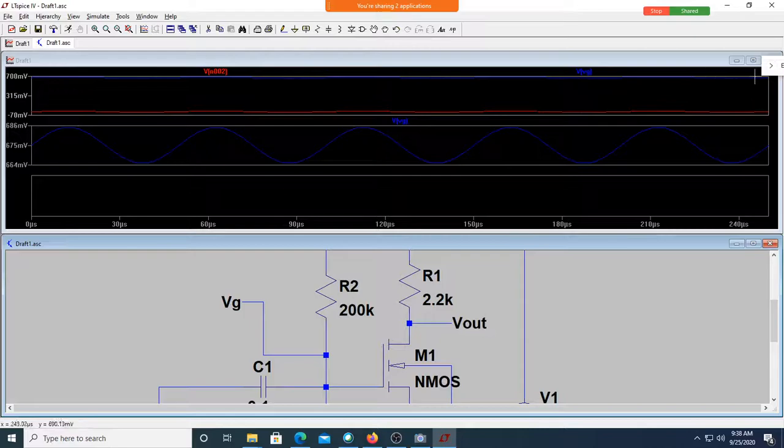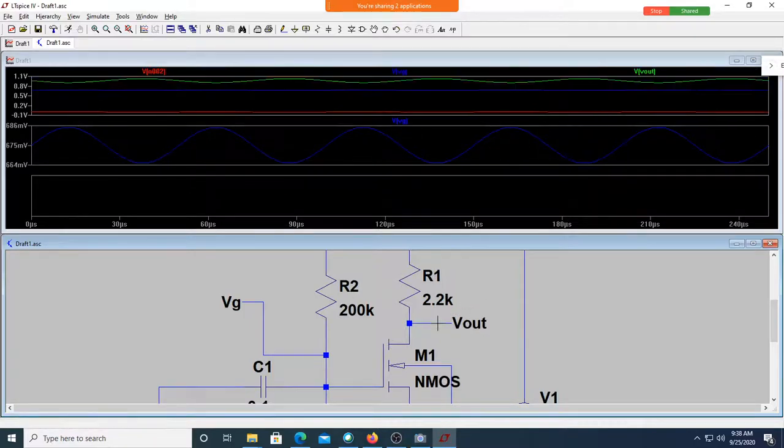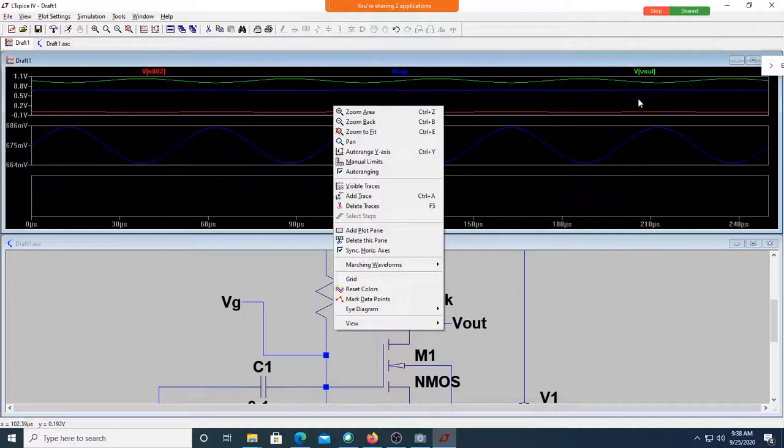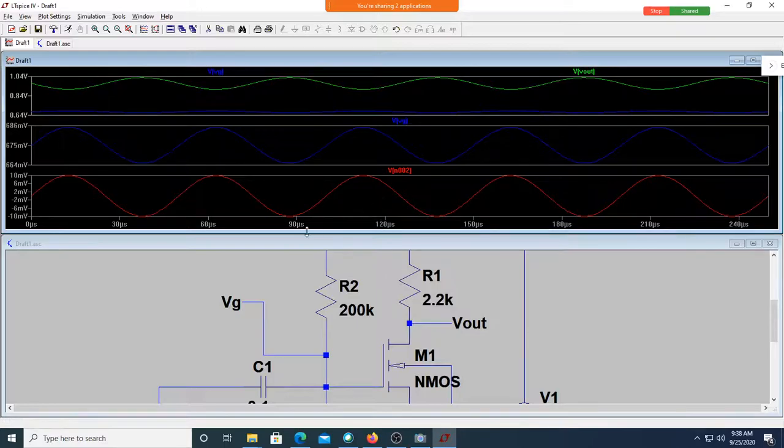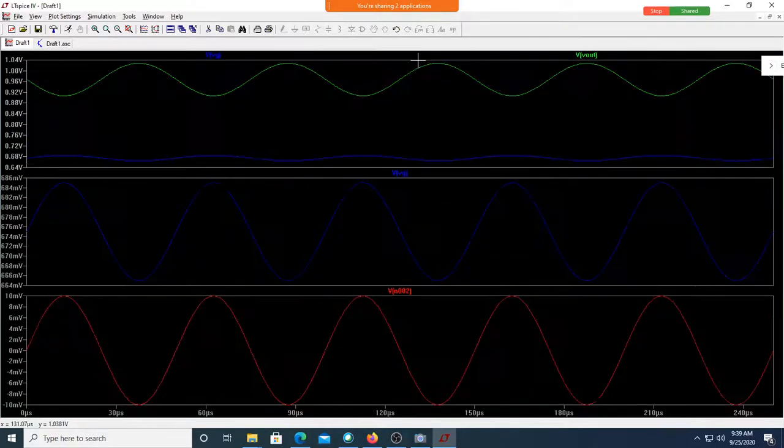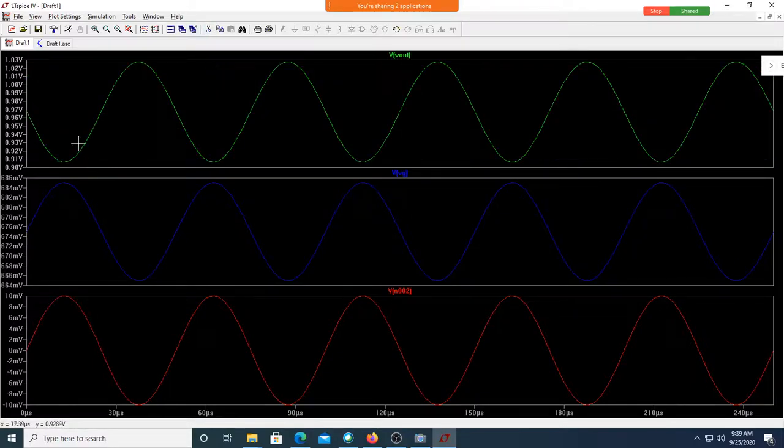Okay, what I do, I will just see this now. I'll remove all others. Okay, this is your input, the waveform at the gate. Let me just take out this again. Can you see this is output?